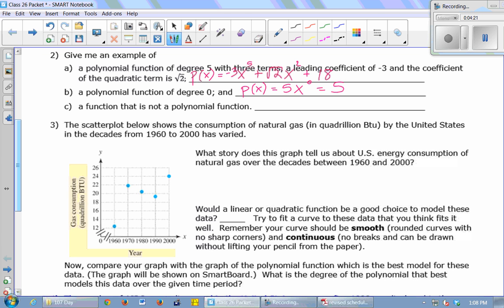So like x to the -2 would not be a polynomial, because the exponent is negative. Square root of x would not be a polynomial because its exponent is a fraction, right? X to the 1/2. So polynomials can only have exponents that are positive whole numbers.